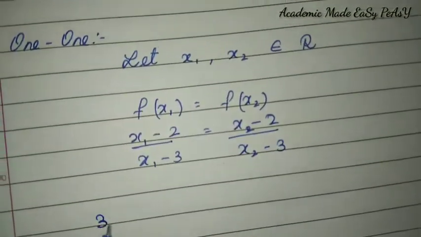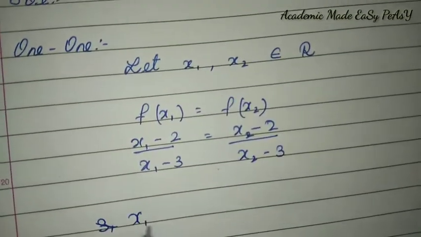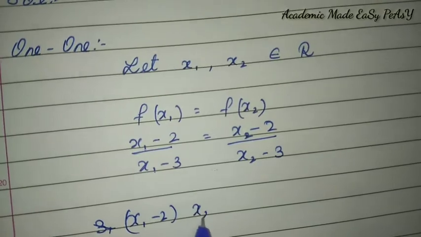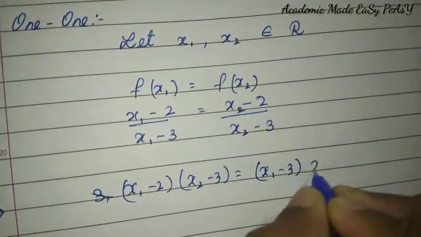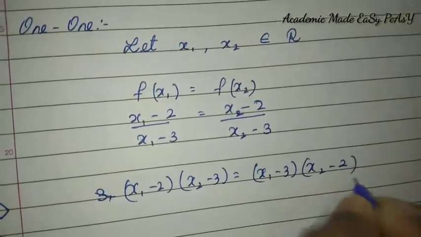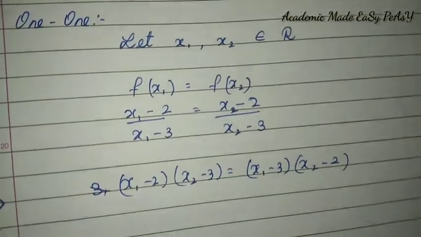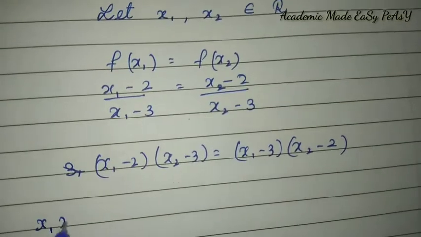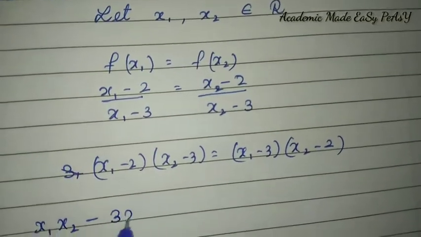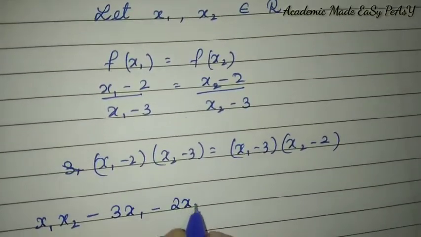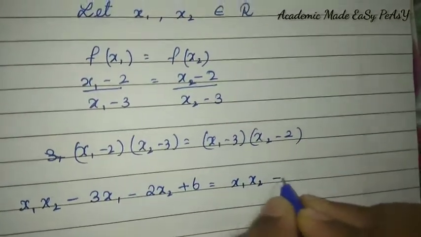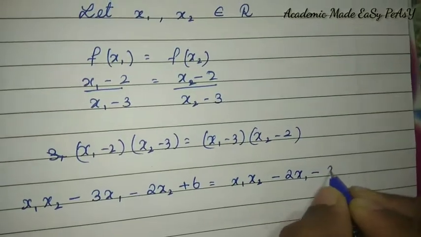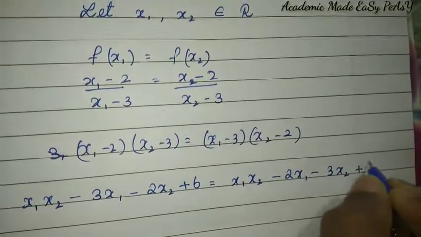So therefore, (x1 minus 2) into (x2 minus 3) is equal to (x1 minus 3) into (x2 minus 2). I've just cross multiplied. Okay, so I will have x1 x2 minus 3 x1 minus 2 x2 plus 6 is equal to x1 x2 minus 2 x1 minus 3 x2 plus 6.